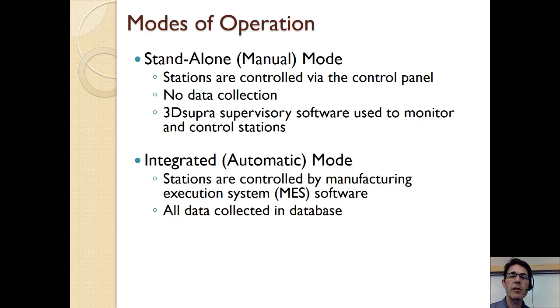There's a database that runs in the background, so every part that's produced is weighed and measured for volume. Those numbers go into the database along with the barcode and the time, exactly when it was measured and when it was manufactured. So you could go back through any process and research any individual product and find out exactly when it was made, how long it took, and all those kinds of things.